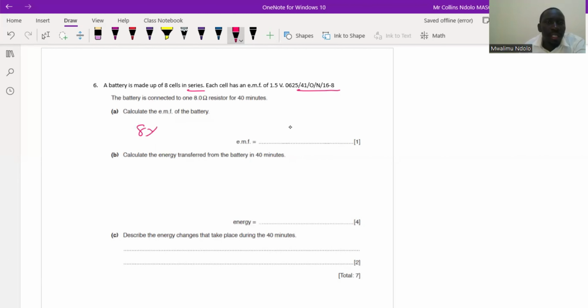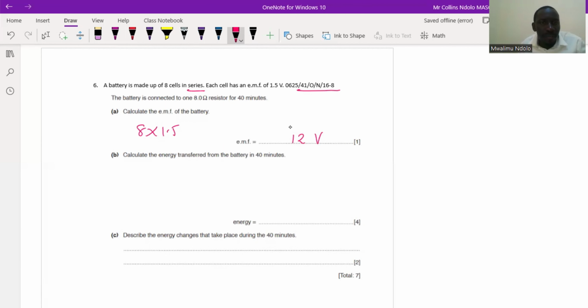So just take 8 times 1.5. If they were in parallel, then the EMF would just be 1.5. So that gives us 12. So EMF is 12 volts.